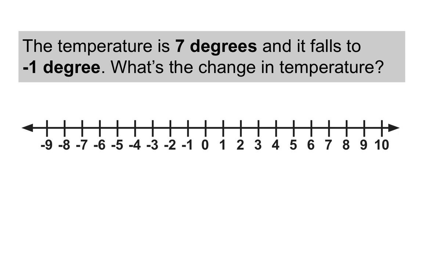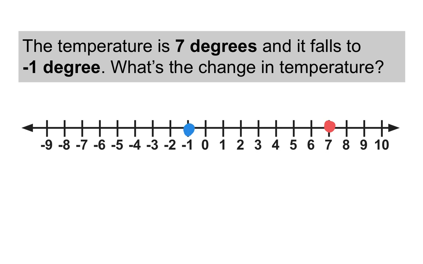All right, so one last thing on this. On a number line, when we're doing integers and we're doing the distance between those integers, the first thing we have to do is go ahead and plot the number. So the temperature is 7 degrees, so positive 7 comes right over here. And then it says it falls to negative 1 degree. So then I come over here and I mark my negative 1.